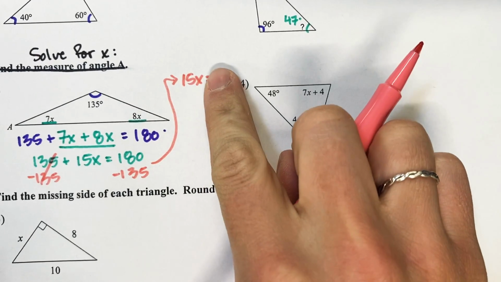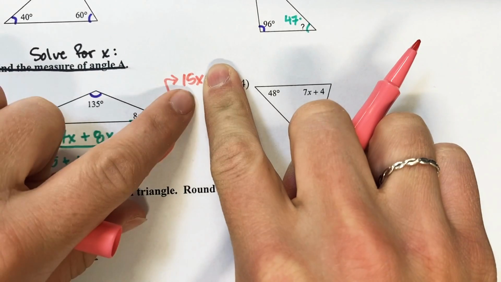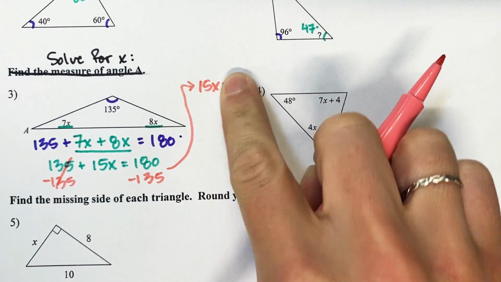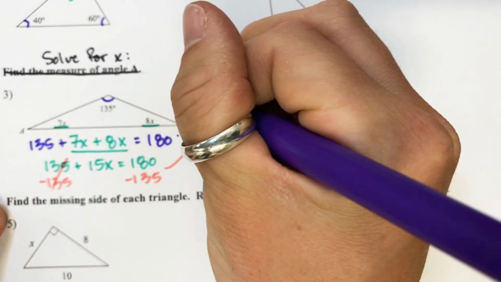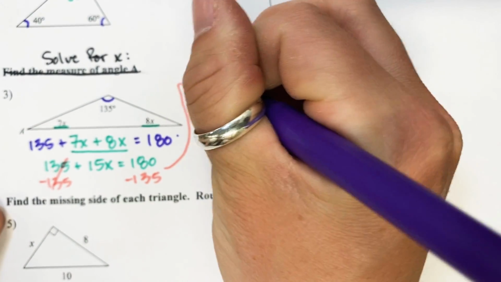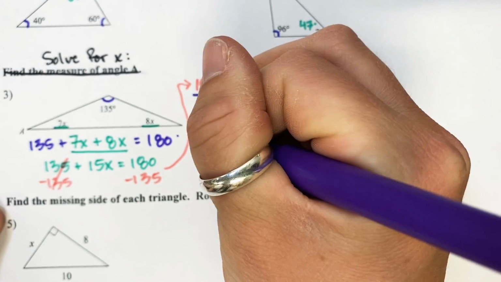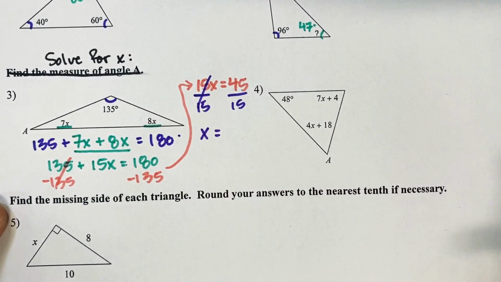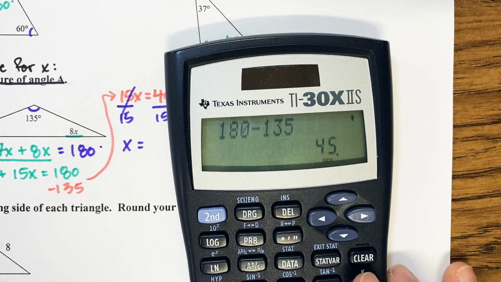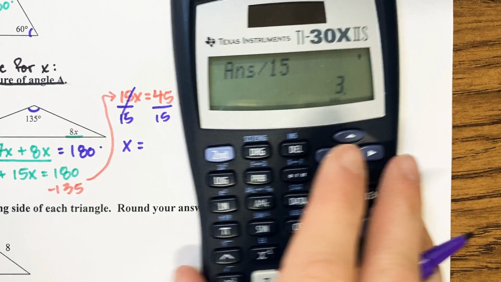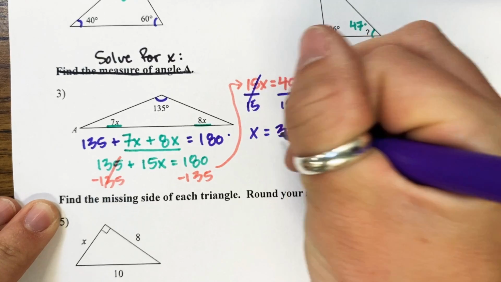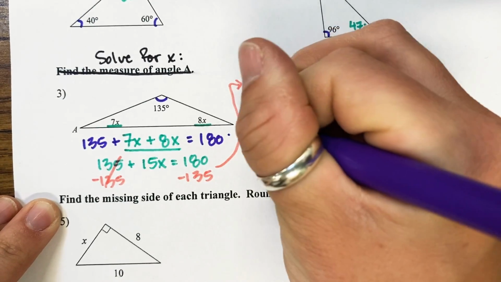My x is almost by itself. Now I need to get rid of times by 15. What is the opposite of times by 15? We are going to divide by 15. So my x is all by itself on that side. What is 45 divided by 15? We get 3. So x is equal to 3.